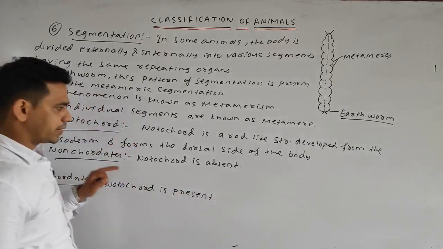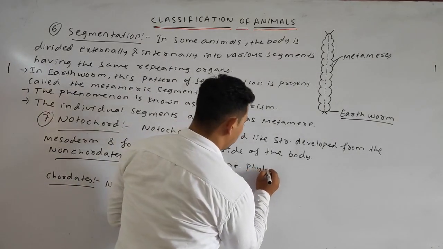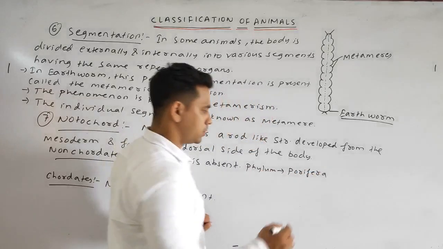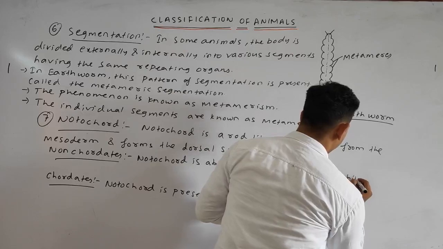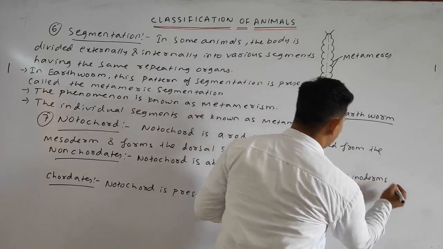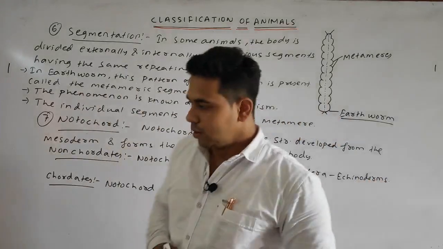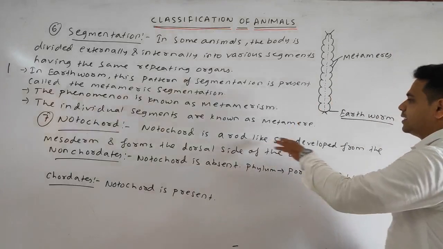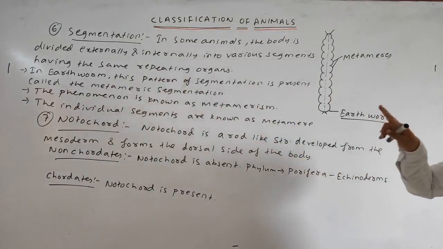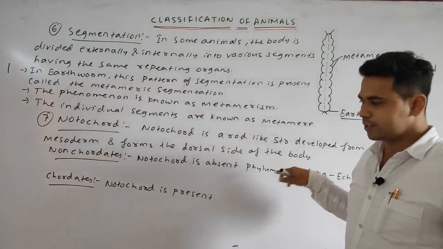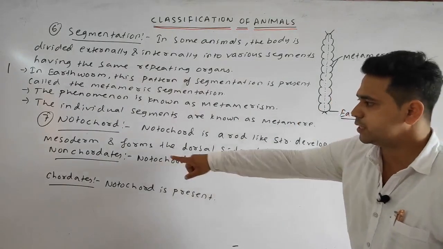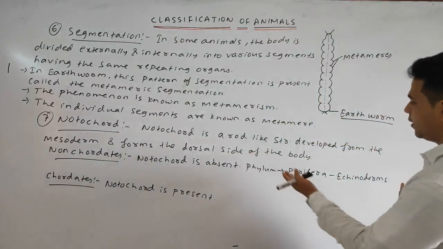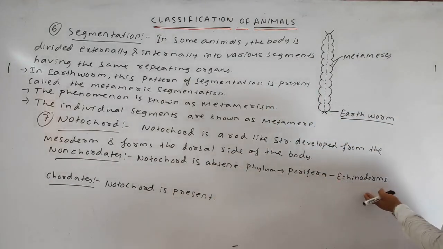In the non-chordates, we can take the phylums from porifera to the echinoderms. Simple. So the notochord is a rod-like structure which is developed from the mesoderm and forms the dorsal side of the body, students. If the notochord is absent, then it is called non-chordate. If the notochord is present, then it is known as chordates. The non-chordates involve the phylums starting from the porifera up to the echinoderms.